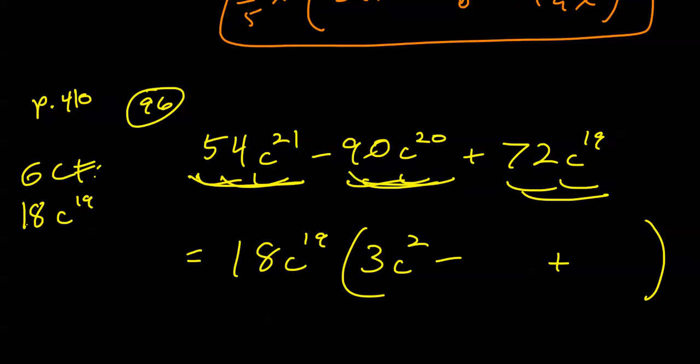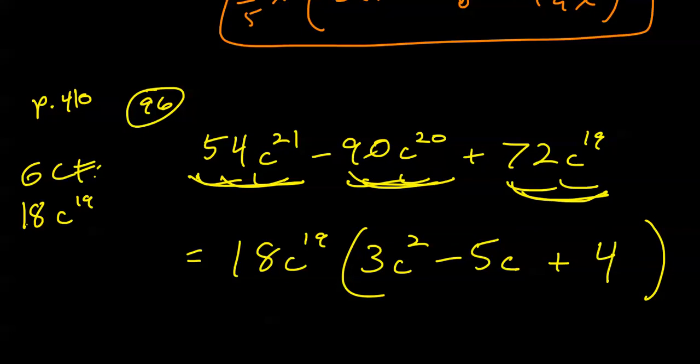Next, let's see. 18 times what is 90, or negative 90? I'll also have negative 5, right? Negative 5, and I'll have 1 factor of c left in this second slot. And if I take out an 18 from 72, that leaves me with a 4. 4 times 18 is 72, right?